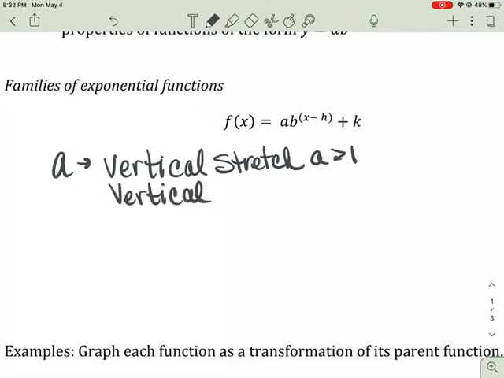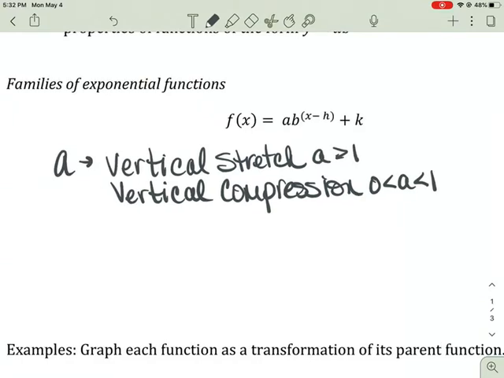We're going to do a vertical compression if a is between 0 and 1, like 1/2 or 3/4.